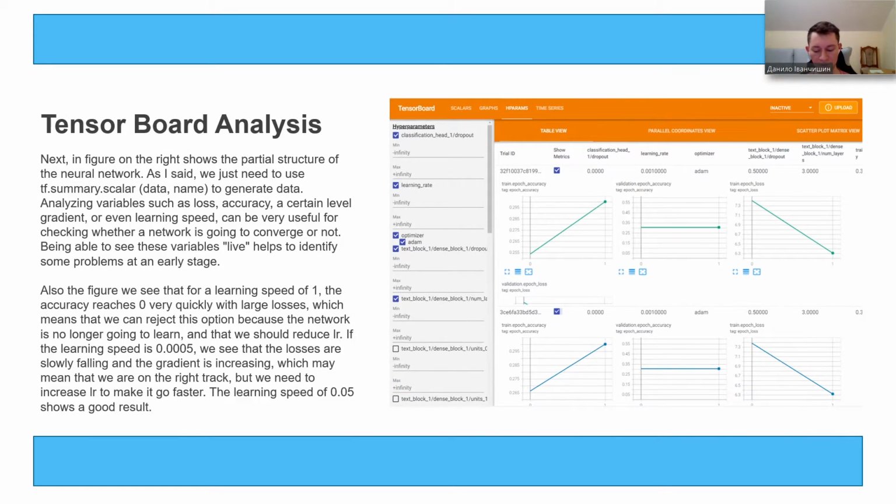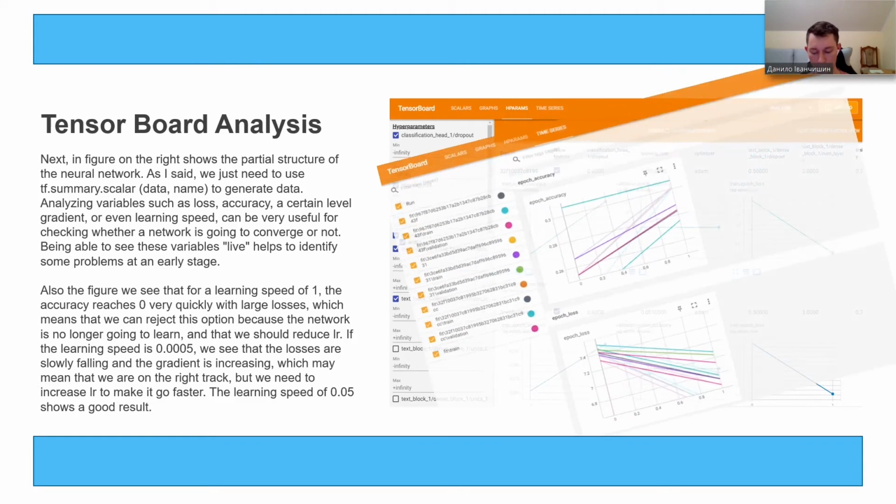Also, from the figure, we can see that for a learning rate of 1, the accuracy reaches 0 very quickly with large losses, which means that we can reject this option because the network is no longer going to learn.